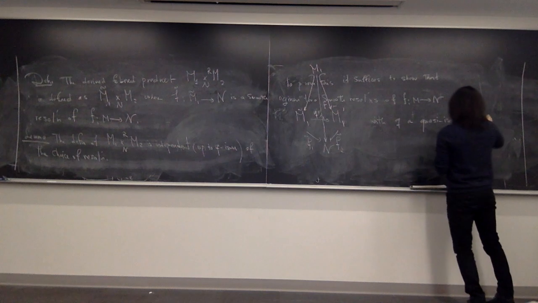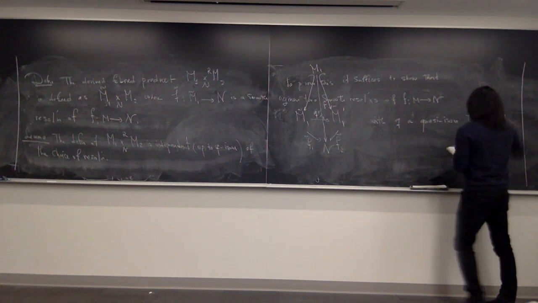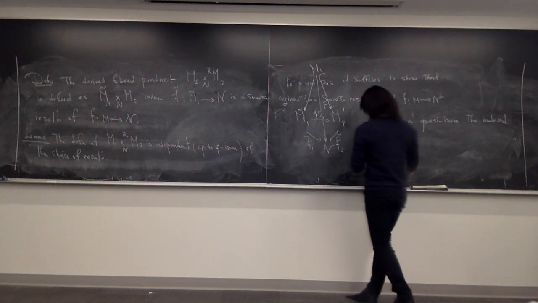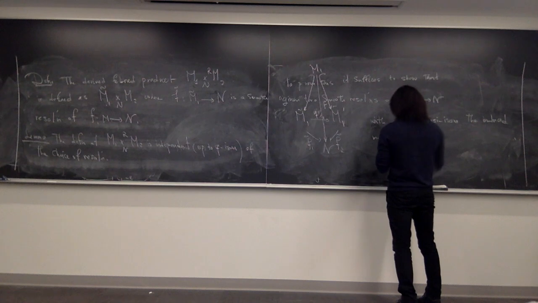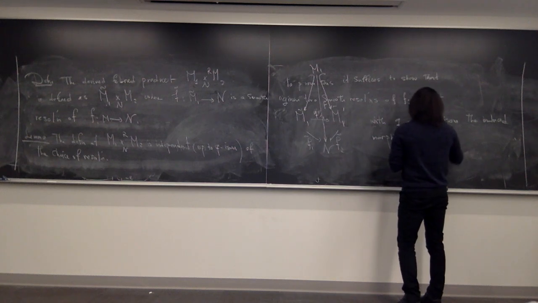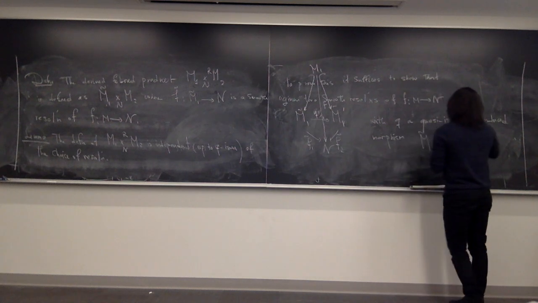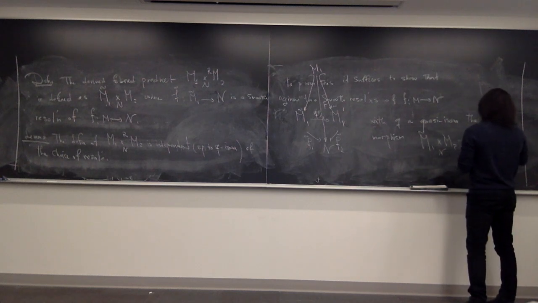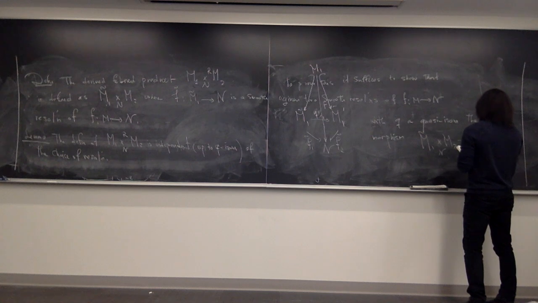the induced morphism M1 times M2 over N to M1 prime times M2 over N is a quasi-isomorphism.